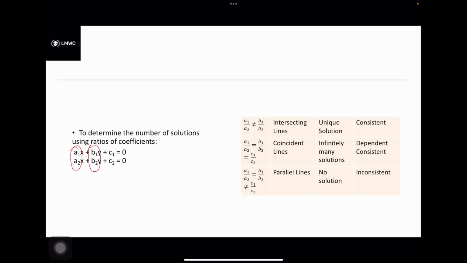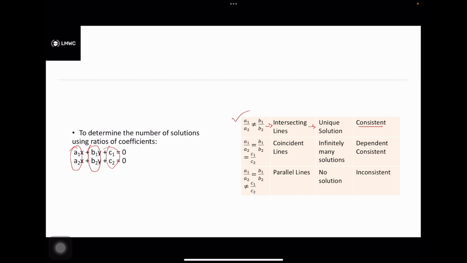Similarly, the coefficient of y and the constant terms, and we are comparing the ratios. The first case is when the ratios of the coefficients of x and y are not equal. Then you conclude that the graphical formation will be intersecting lines, and hence it will have a unique solution, and they can be called consistent.